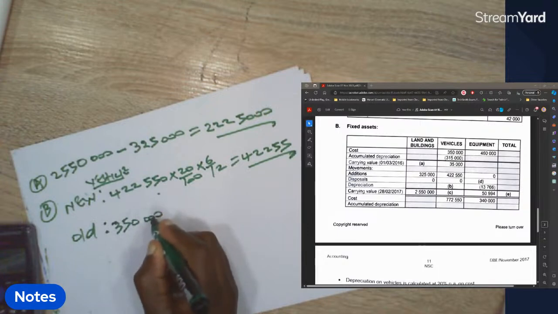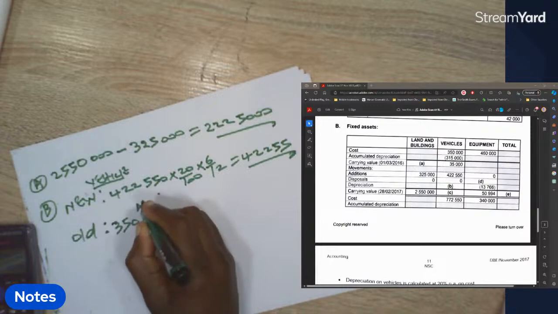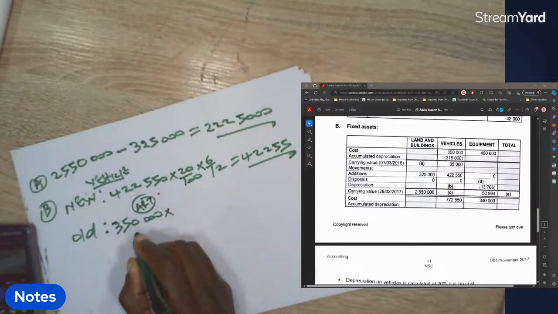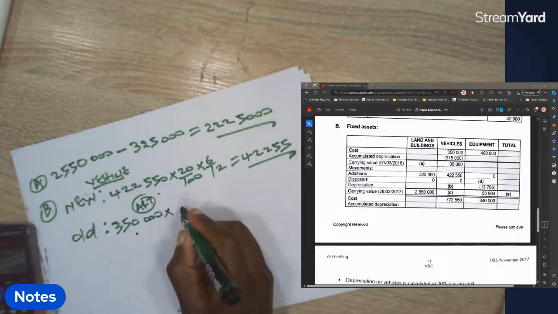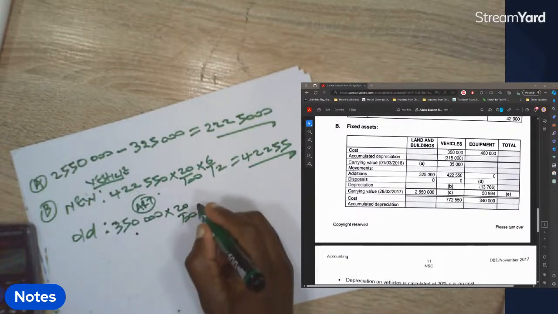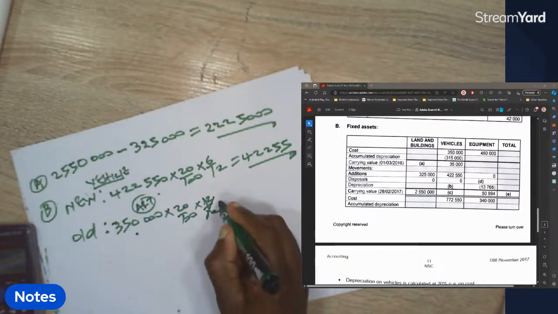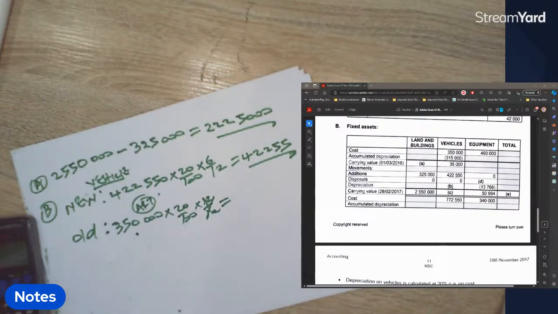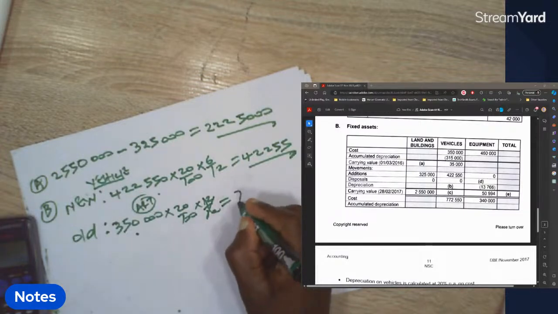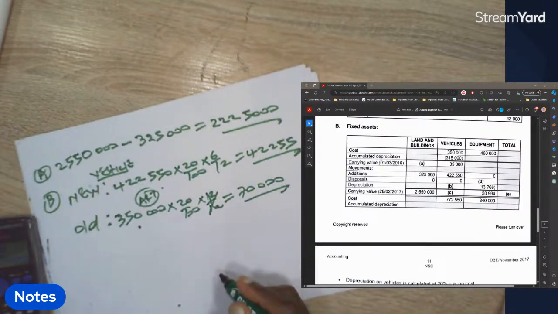So it's the cost of 350,123 for the old, times the rate of 20%. The time is 12 over 12, and there's no point in writing this because it's just 1. So you calculate 350,123 times 20%, and you get 70,000.